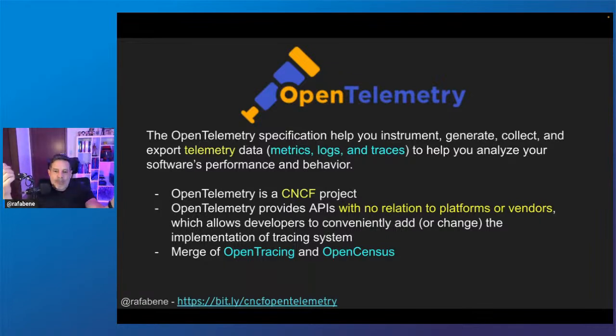Okay, OpenTelemetry is part of CNCF. And as I mentioned before, it was a merge of the OpenTracing, which was focused only on tracing, and the OpenCensus project. And the idea of OpenTelemetry as a specification is to provide only the APIs with no relations with platforms and vendors.